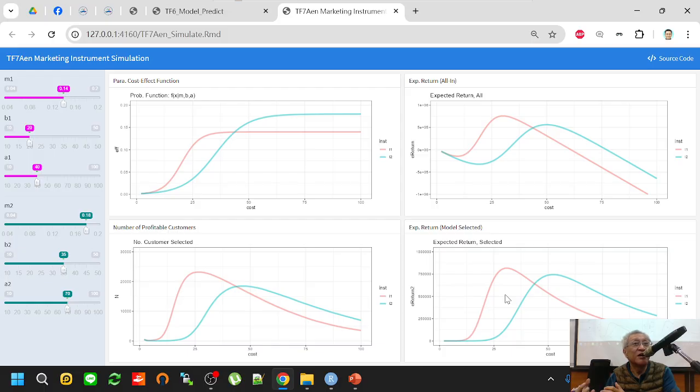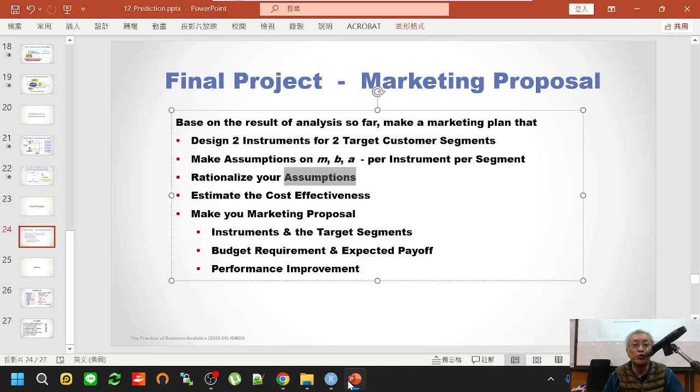We can know the base value for the cash coupon, right? Then we can know with that setting how many customers we would apply to, and when we apply the instrument of that parameter to a specific customer group, what is the expected return that we will get, right? So this is basically what I want you to do.